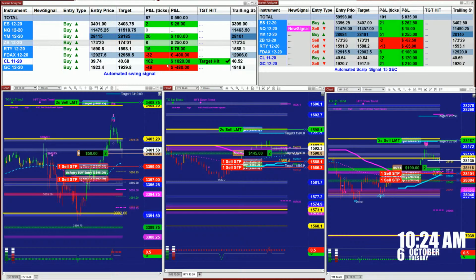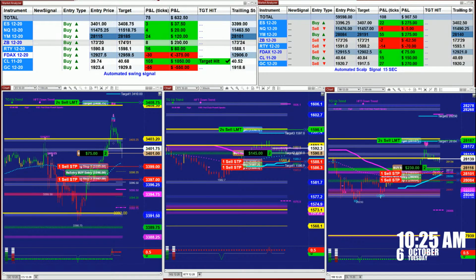Some of them are in red, some of them are in the green, because of the market movement, and the market is sitting sideways right now.